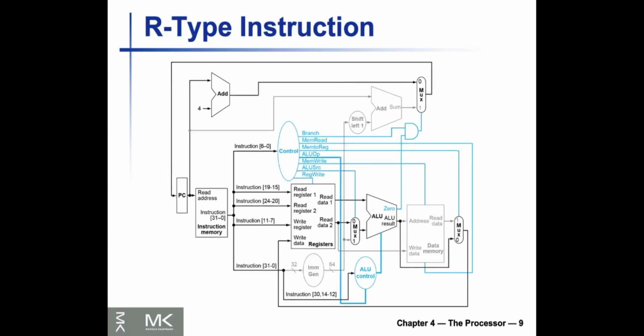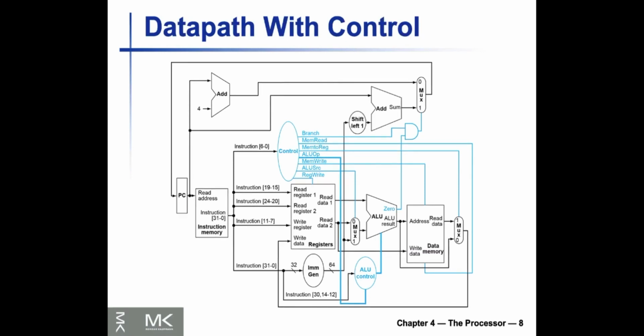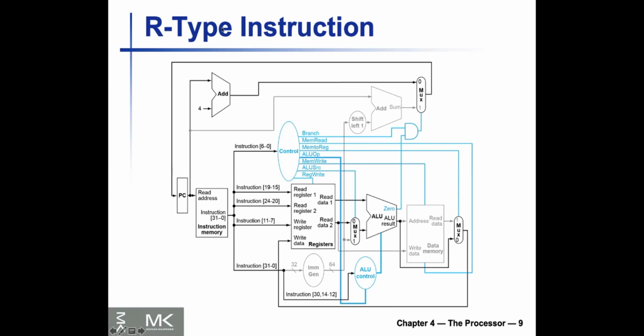Yeah. Thank you. So we mapped the data path with control, and each of those control signals would determine which part of your data path gets activated, depending on the type of the signal. You see now, the R type was activating this ALU control, and also this one, ALU op.